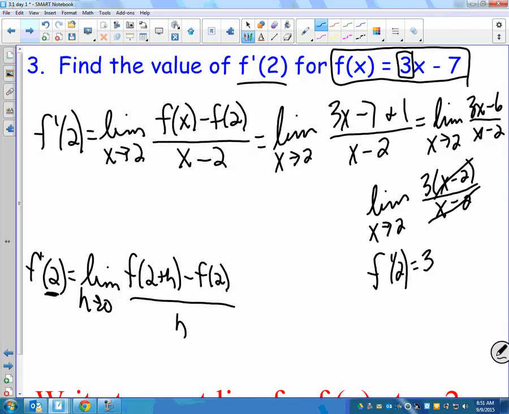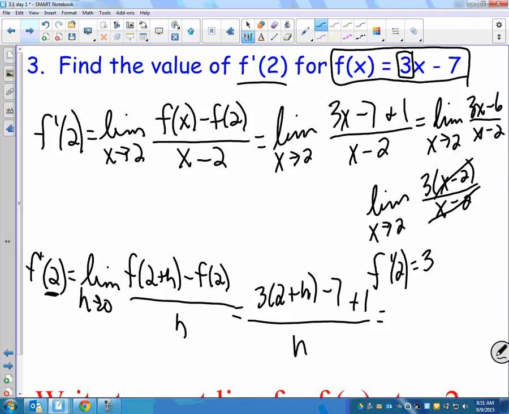Do you want me to do this one too? Just to remind you, you know how to do that if it says 2 plus h minus. You still get 3. So you get 3 times 2 plus h minus 7 minus, again, that would be negative 1, so that would be the plus 1, all over h.